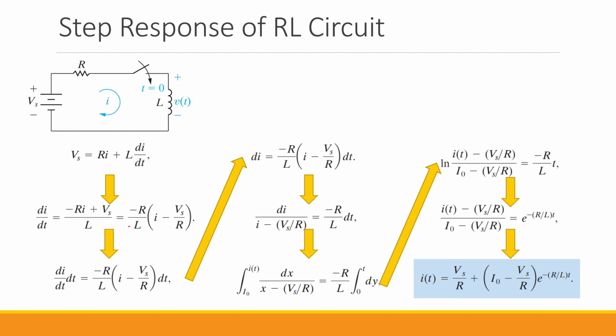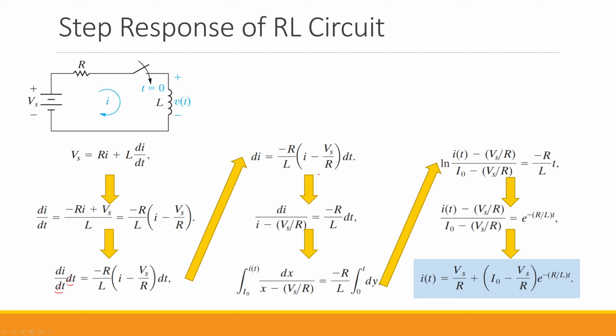Now I multiply both sides of this equation by dt. This way, on the left side, these two are cancelled, so we have only di on the left side, and on the right side we have this equation.